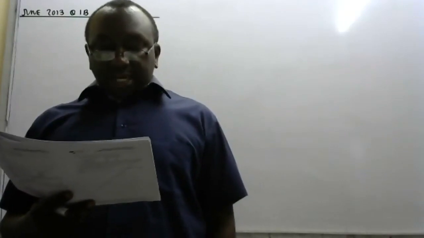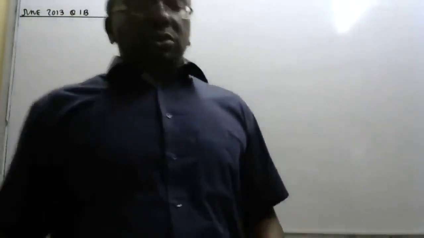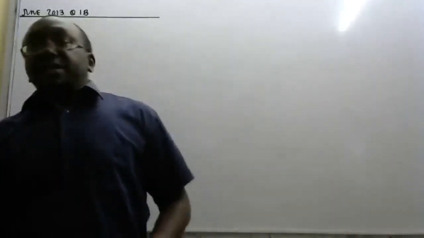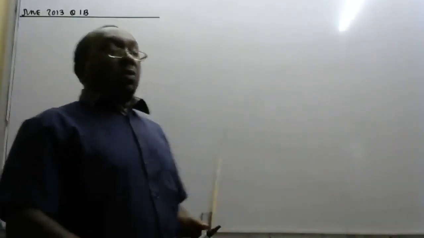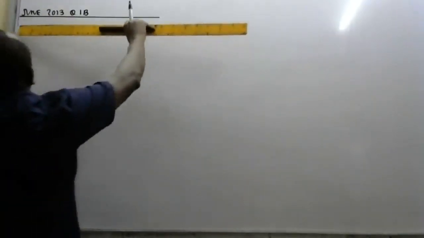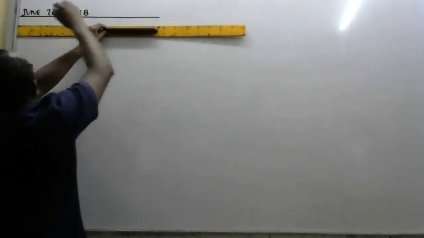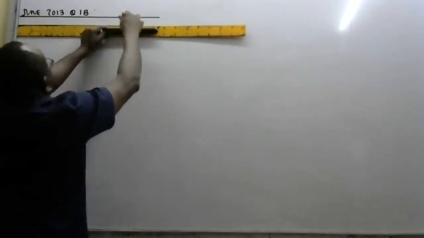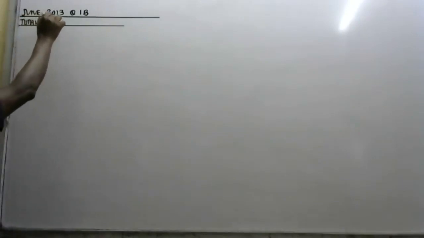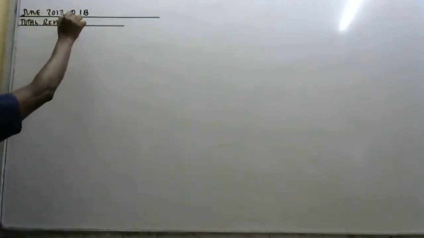So you are told to get the profit function. Now, for you to answer that, you need to know that profit is revenue minus cost. So we must first of all look for the total revenue function. That is where we shall begin.